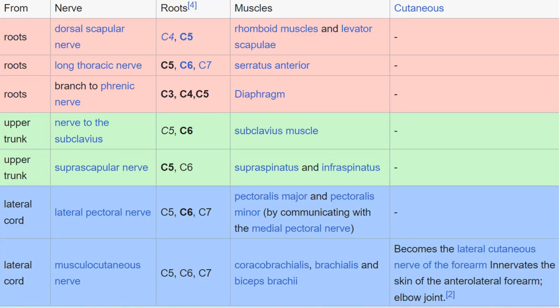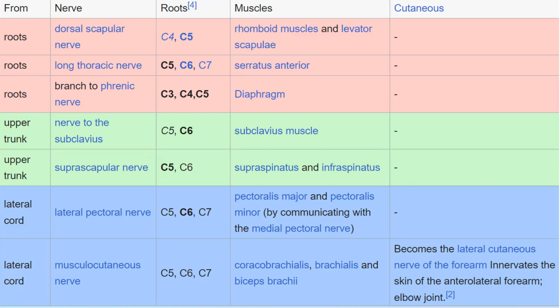You have the lateral cord, the lateral pectoral nerve, which supplies the pectoralis major, minor. Finally, you have the musculocutaneous, which supplies the biceps, the brachialis, and the coracobrachialis. So you have to pay attention.